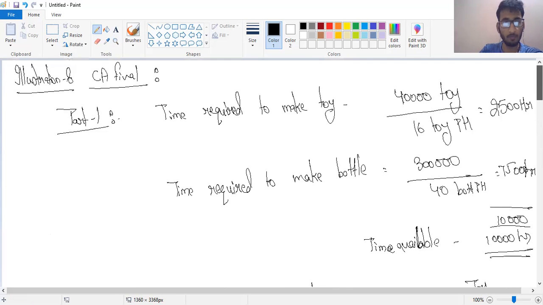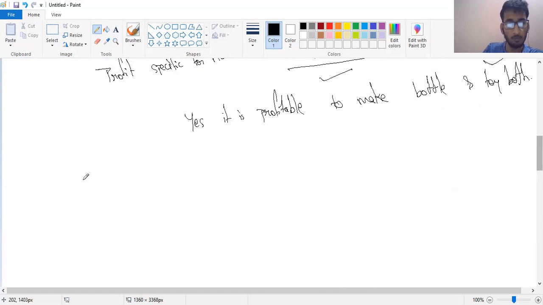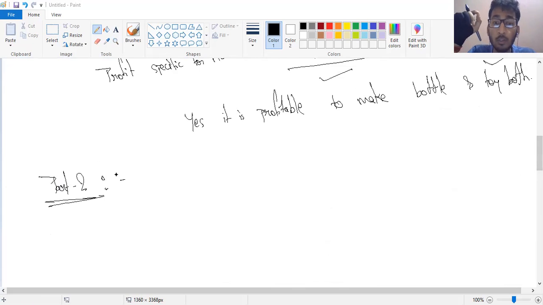Okay, now see part 2. What is the second question? If the order for supply of bottles increases to 4 lakh bottles instead of 3 lakh, now I need to supply 4 lakh bottles, will you advise the company to accept the order for the supply of plastic molded toys?